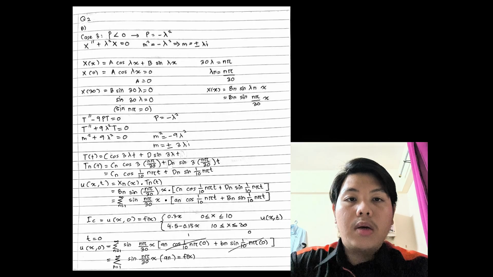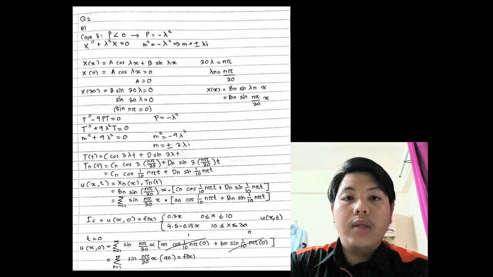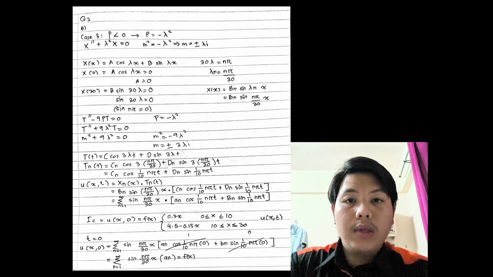So we combine the constants b_n and c_n into a single coefficient a_n. So u(x,t) = sum from n = 1 to infinity of a_n sin(nπx/30) cos(nπt/10).